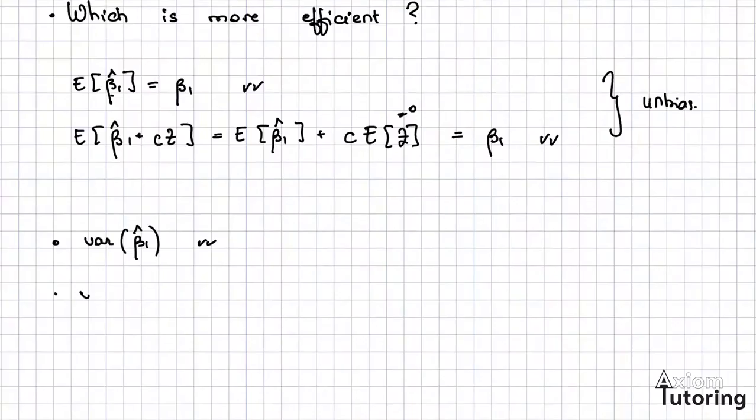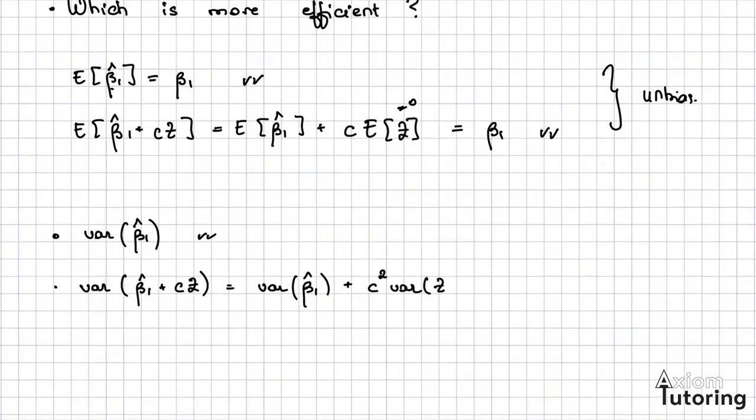For the variance of the second estimator, however, we've got beta 1 hat plus cZ, and that's where we're going to apply the properties of the variance operator. This is going to be the variance of beta 1 hat plus the c, keep in mind it was a constant, so it can go in front of the variance operator, which is a quadratic operator, and we'll have c squared variance of Z.